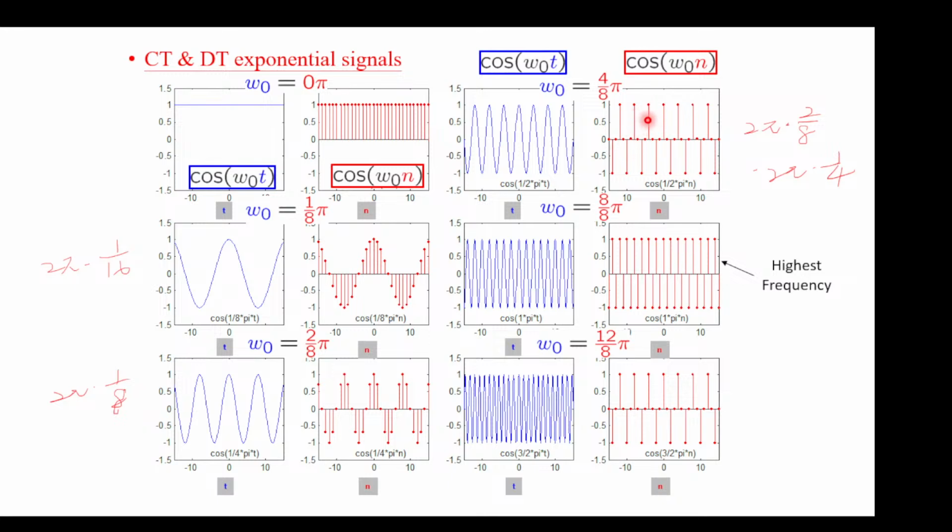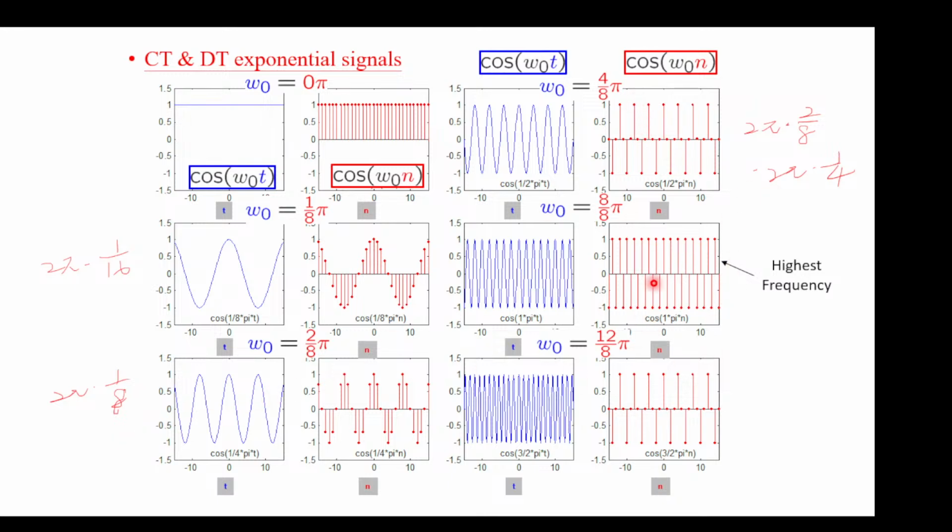Because the signal is oscillating very fast, it samples at very discrete points. So it's 1, 0, minus 1, 0, 1, 0, minus 1, 0. So 1, 0, minus 1, 0 is one period. So you see the period is 4 here.